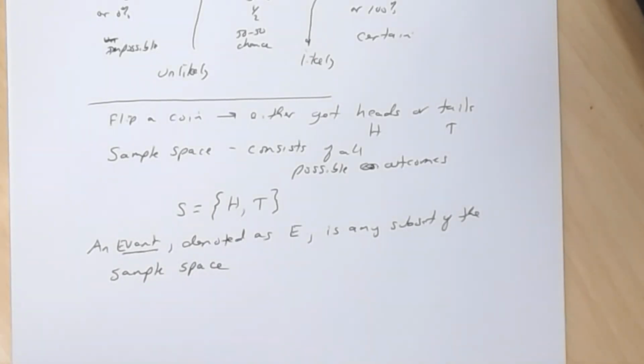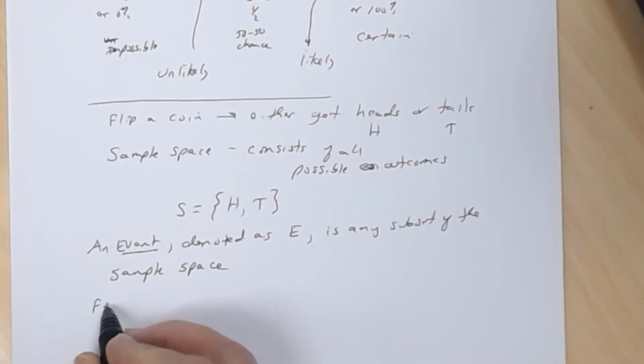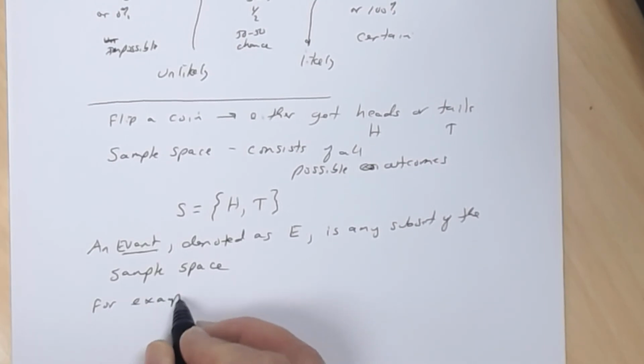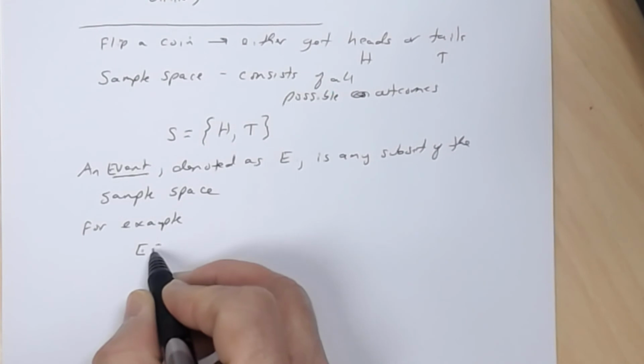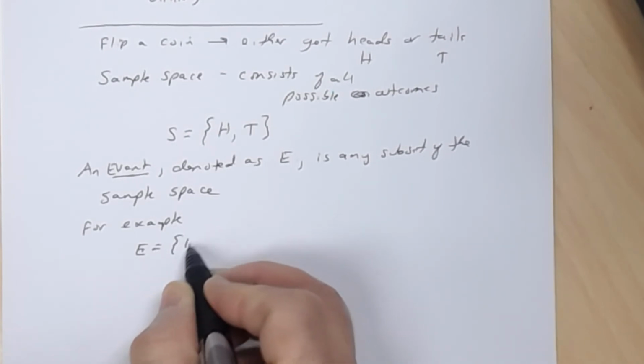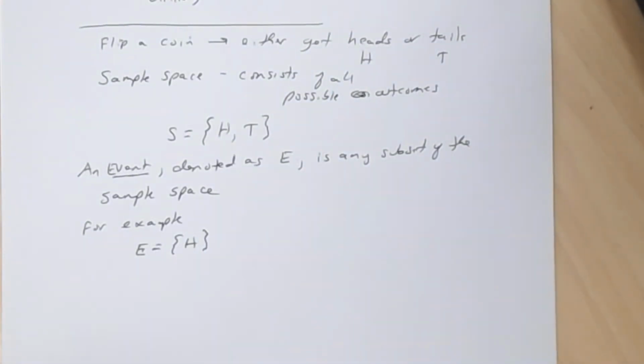All right, so an event is any subset of the sample space. For example, let's suppose I had this. Let's say the event is this. Let's talk about what that means.